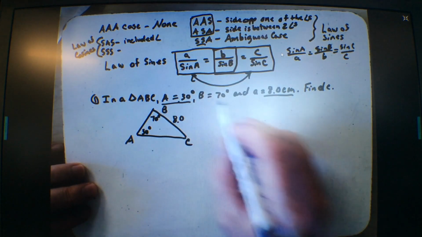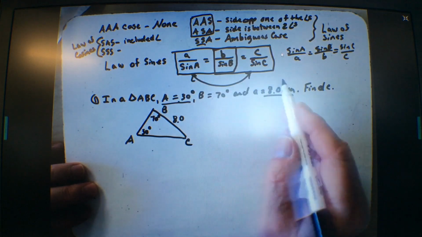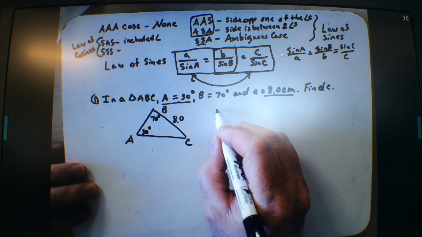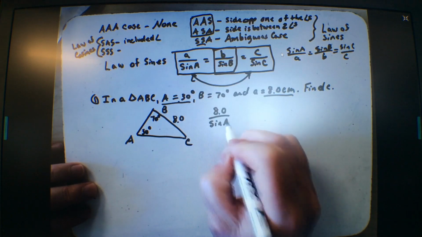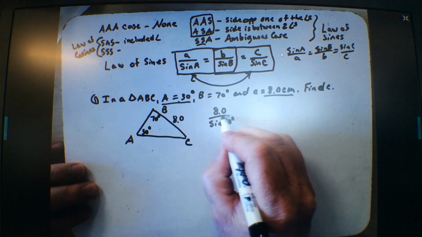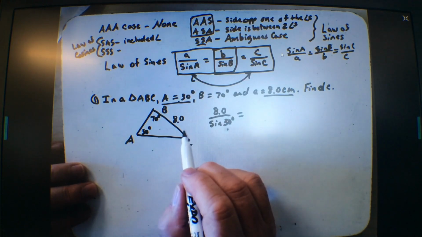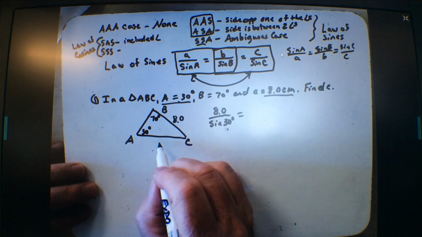Okay, so we're going to use the formula. We're going to start. It doesn't matter. I'm going to start with 8 over the sine of A, which is the sine of 30 degrees, correct? Equals, and then I have B, but they want to find little c, right?